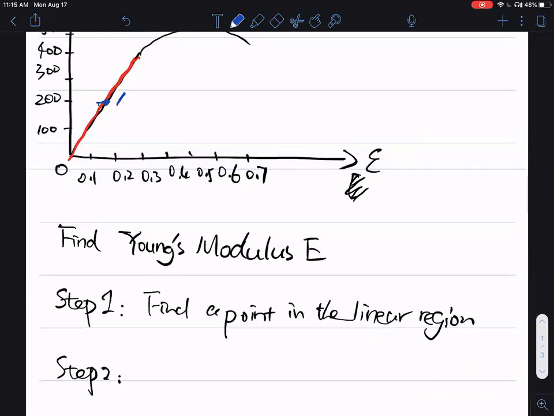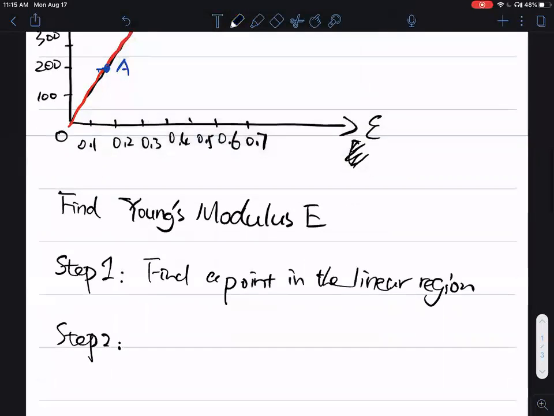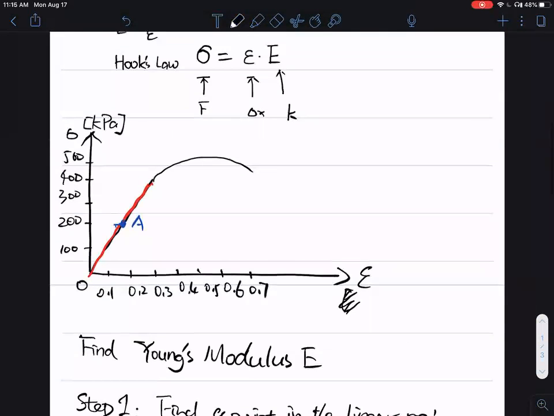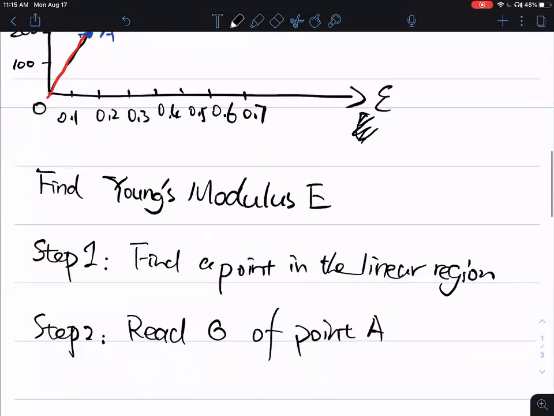Let's call that point A. And read what the stress is at point A. That's step 2. Read sigma of point A. In this case, from what I have on this diagram, the stress is 200 kilopascal. Write out sigma A equals 200 kilopascal.